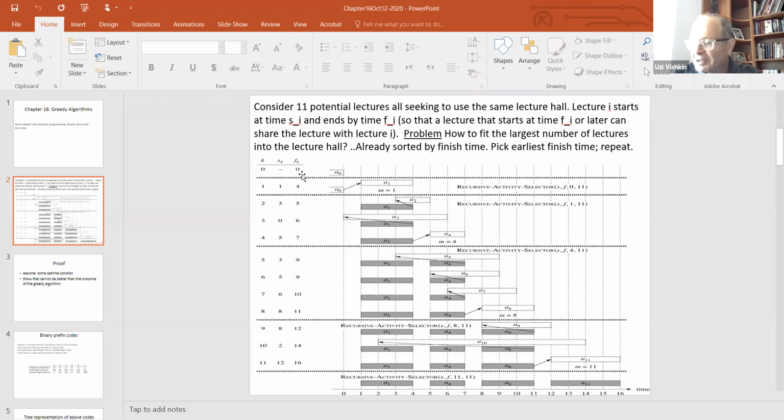If you present greedy too early, you will not appreciate the thinking you need to do in order to figure out whether greedy applies or not. Okay. Is it okay to proceed to the next example?